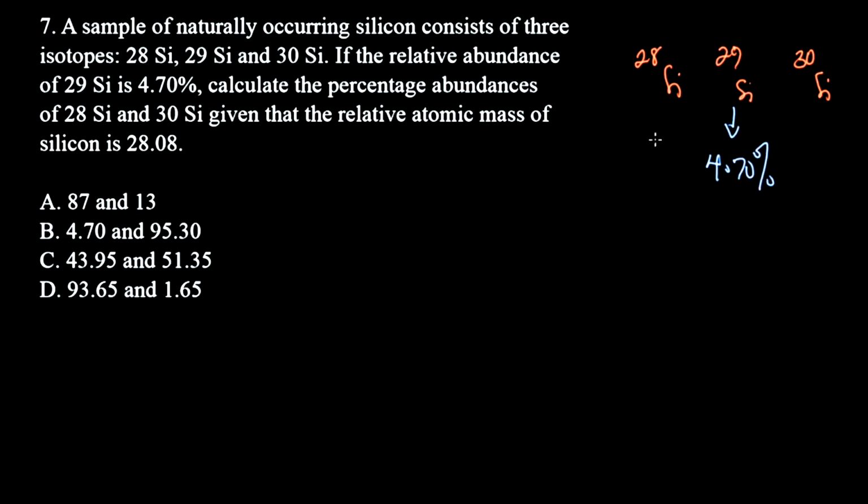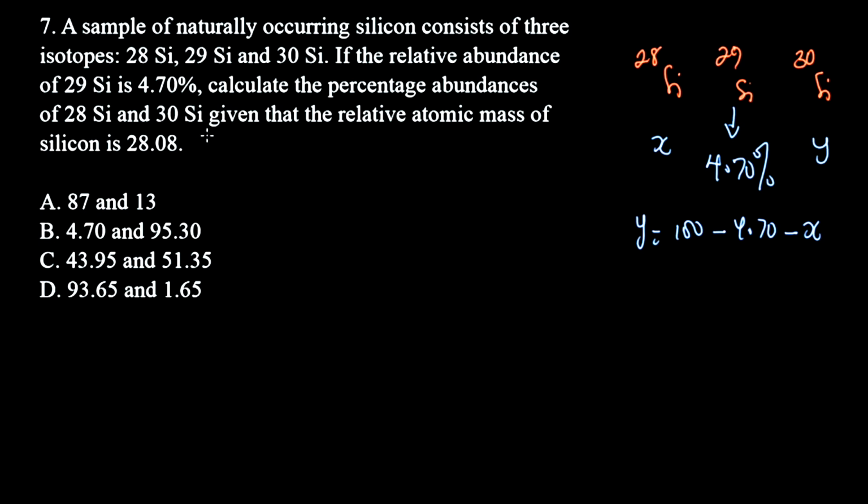Since the others are not given, let's say the abundance of one is X and the other is Y, and let's call Y 100 minus 4.70 minus X. The total has to be 100%.